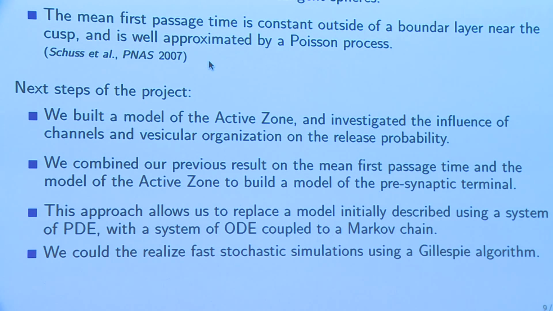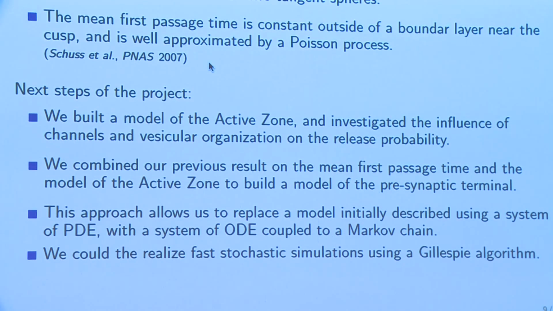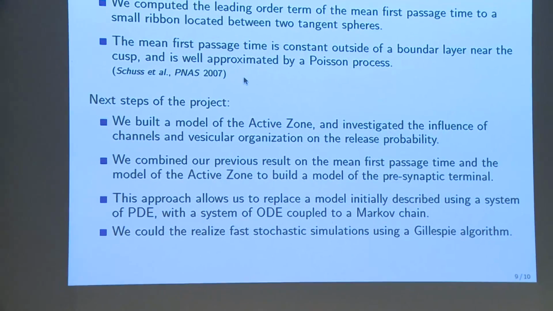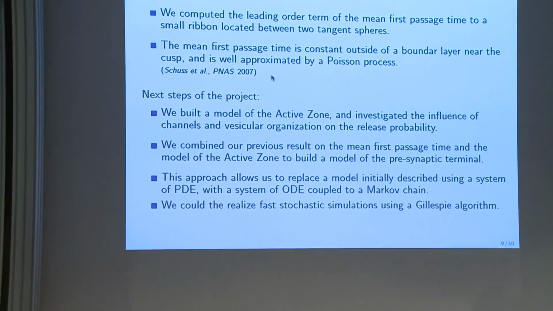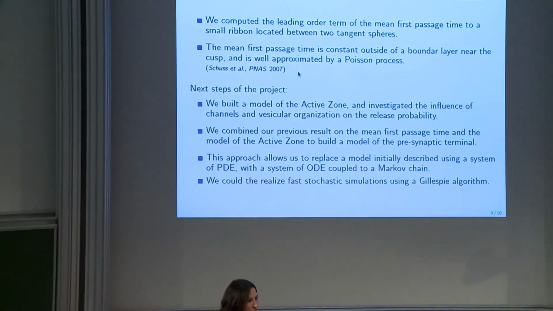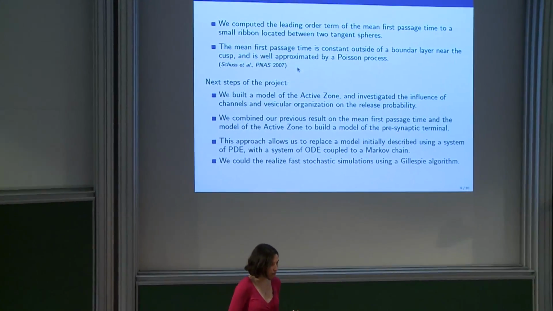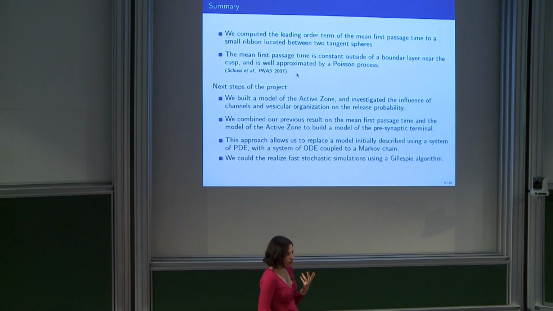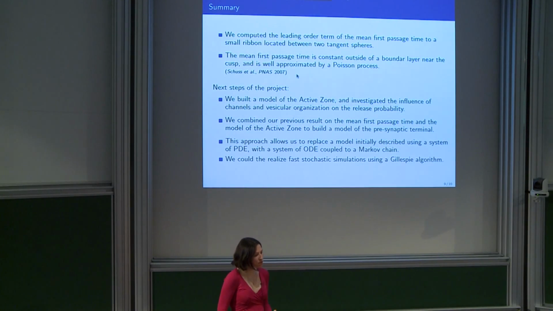Okay, so we computed the leading order term of the mean first passage time to a small ribbon located between two tangent spheres. And we could show that this mean first passage time is constant outside of the boundary layer, as we just noticed, and this tells us that this mean first passage time is well approximated by a Poisson process.